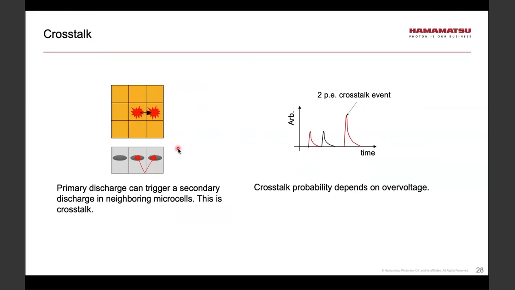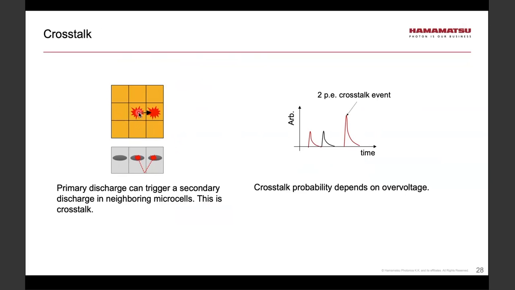I would like to discuss briefly a phenomenon that occurs in this device known as crosstalk. The reason for this is that it contributes to excess noise, to be discussed shortly. On the left-hand side, we see a discharge, an avalanche, in a microcell.